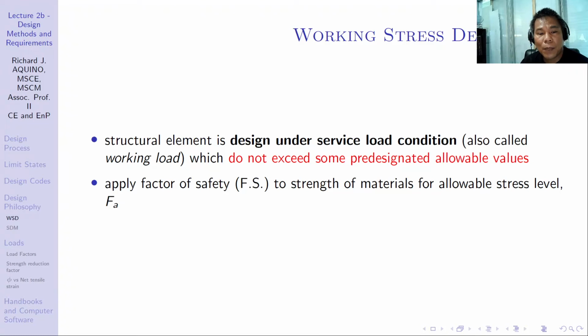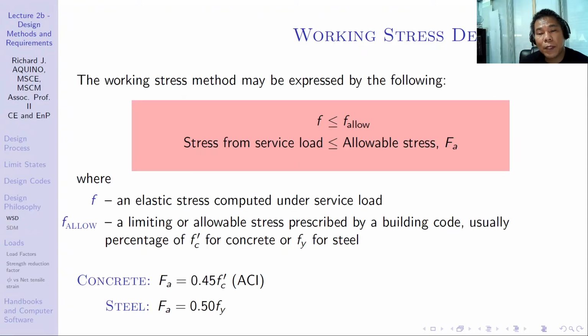Also, you can apply a factor of safety or FS to the strength of materials for the allowable stress level, that is F sub A. The working stress method may be expressed by a very simple formula: the stress, which we normally symbolize as small letter f, should be less than or equal to the allowable stress F allowable. Or the stress from the service load should be less than or equal to the allowable stress F sub A.